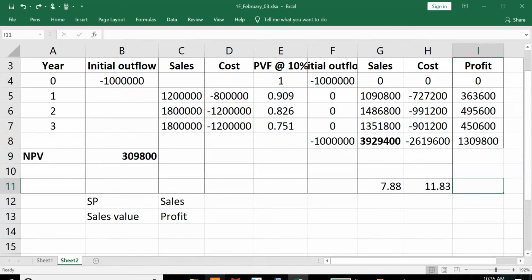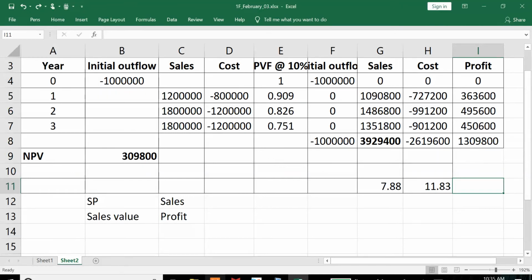Next point, NPV will become 0 if the net cash flow falls by 309,800.